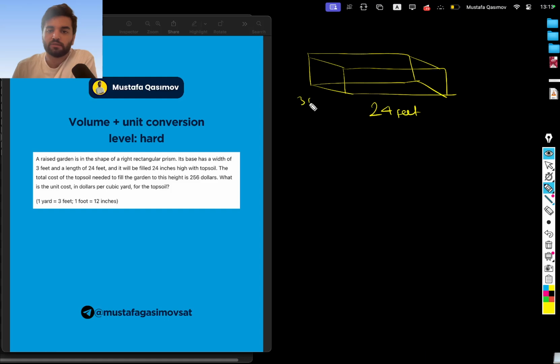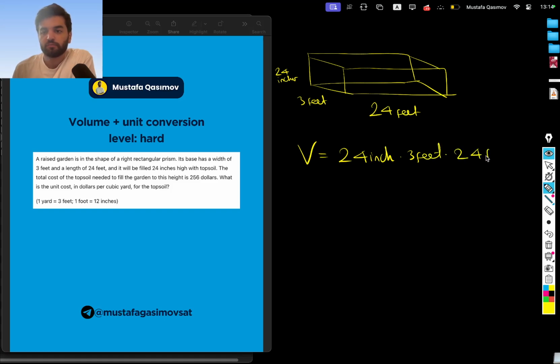It is 3 feet. And they say it is 24 inch. Volume is equal to 24 inch multiplied by 3 feet multiplied by 24 feet. Then 24 inch is equal to 2 feet. Okay, 3 feet and 24 feet.